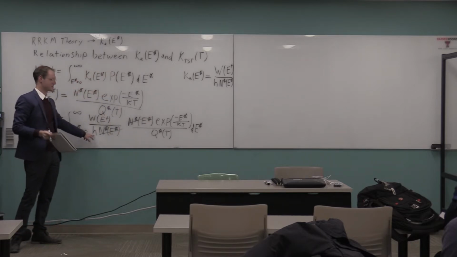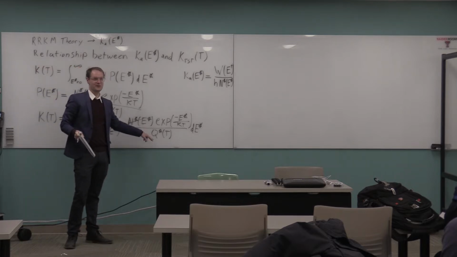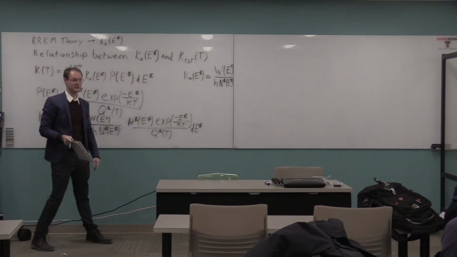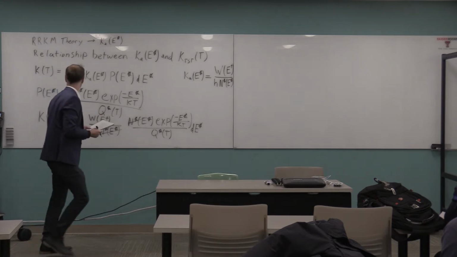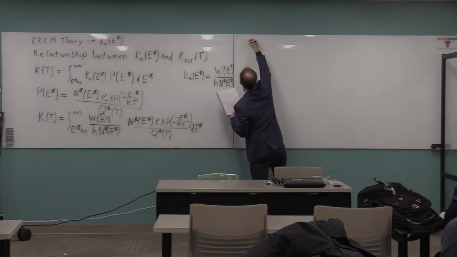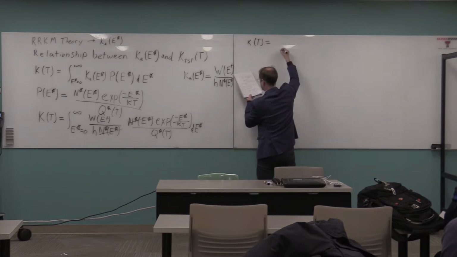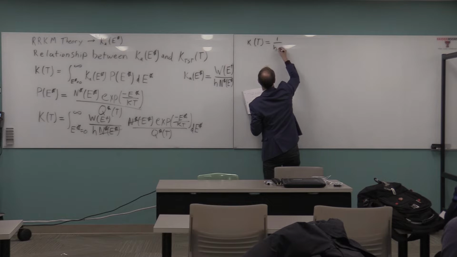The H doesn't depend on energy. Q depends on temperature, but it's summed over all the energy, so it doesn't depend on energy. So we can bring those out front. And then we see K of T is equal to 1 over H times the partition function.